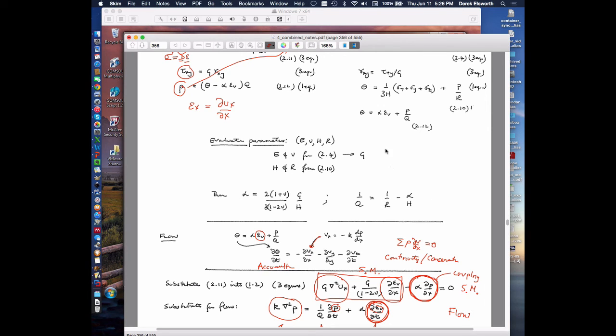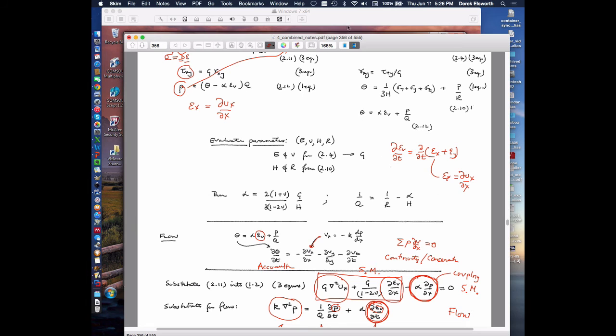So if we want to calculate what the volume strains are with time, then that would be the same as saying the rate of change of the strain in the x direction plus the strain in the y direction, and of course strain in the x direction is equal to du_x/dx.